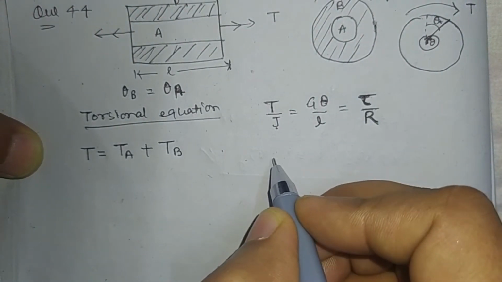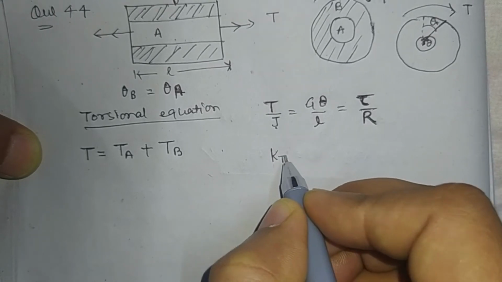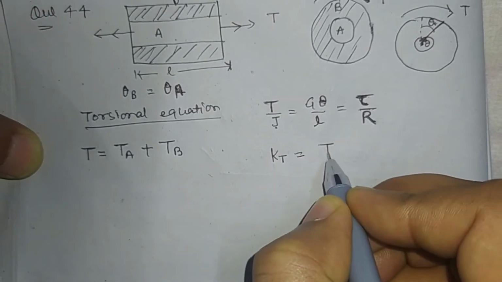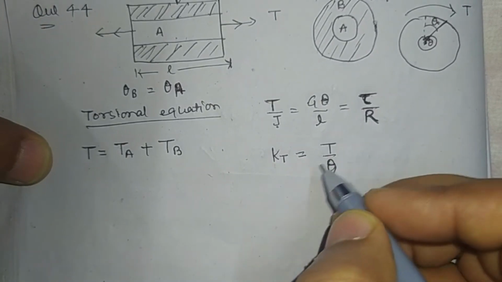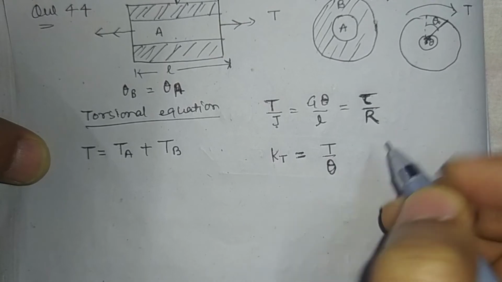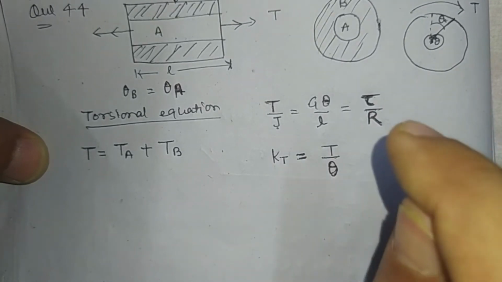Torsional stiffness is denoted by KT equal to T by theta. It is nothing but the quantity of torque required to produce a unit twist.